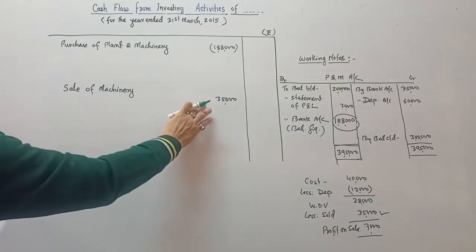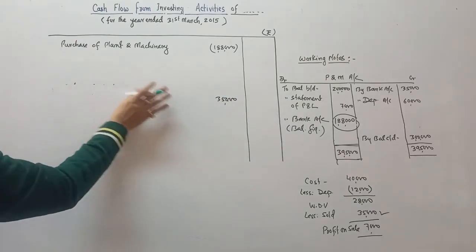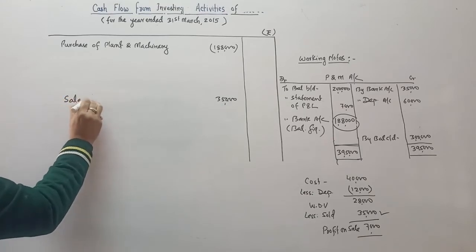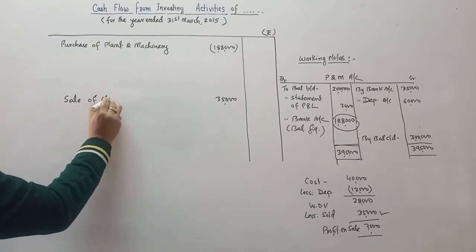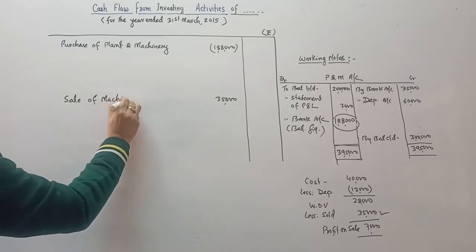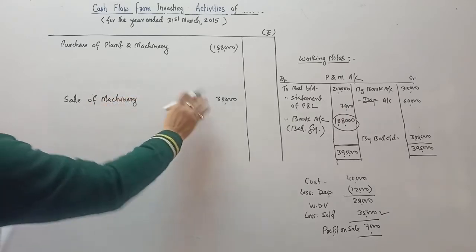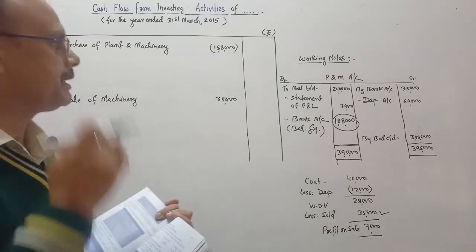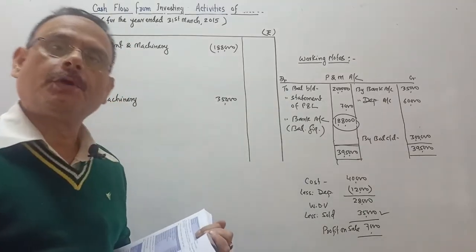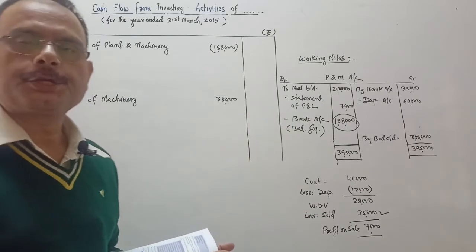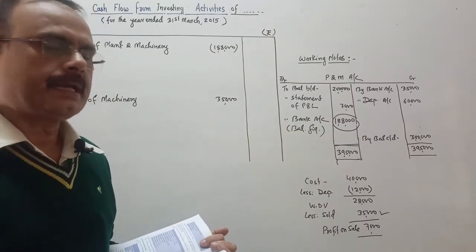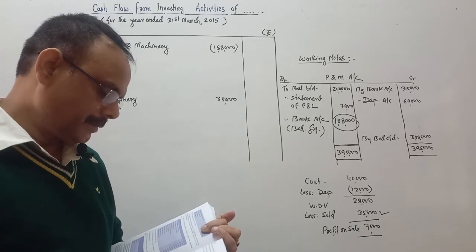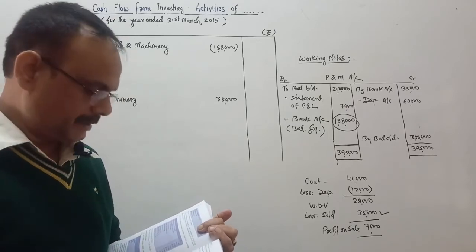Proceeds received from sale of machinery is inflow, and purchase of plant and machinery indicates outflow of cash and cash equivalent under the investing activities. So I have done the working about the plant and machinery.